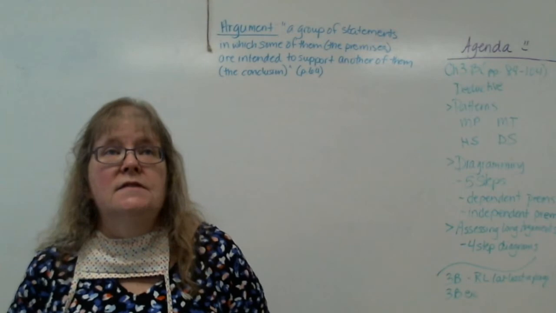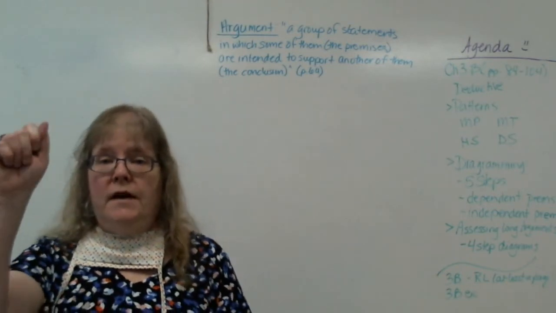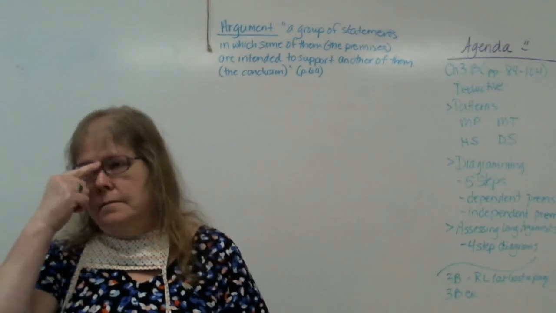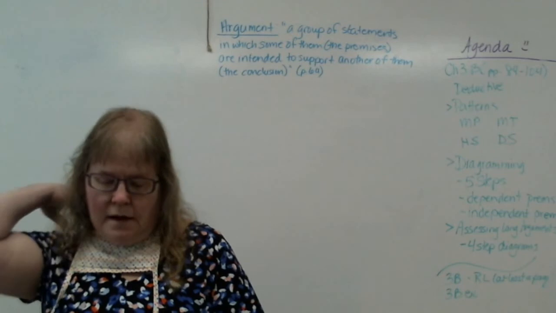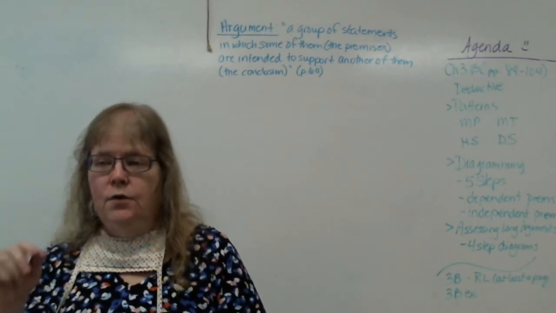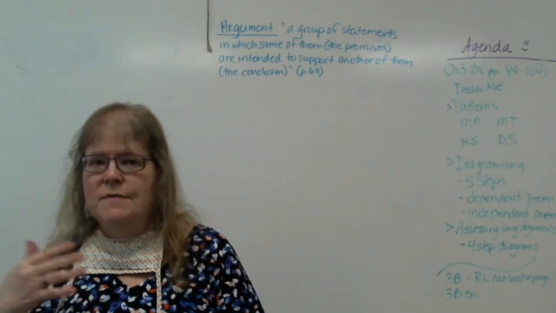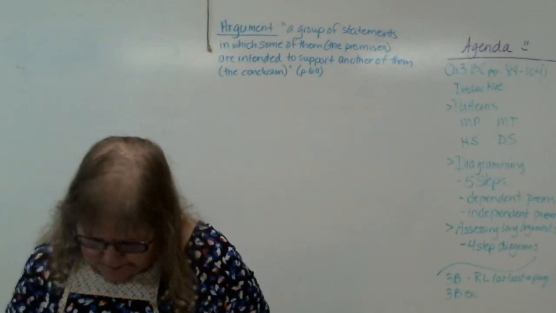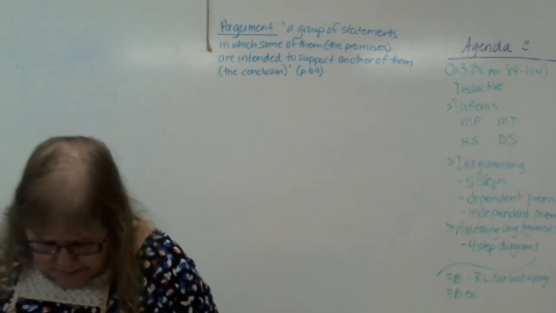If you're doing this on your computer, if you hold down the underline key, it's going to give you options for how to underline things, and you can make it different from what you do for the premises. If you're doing it by hand, a wavy line works.